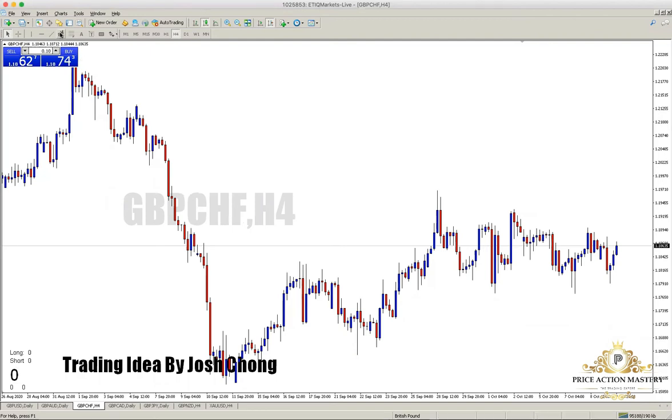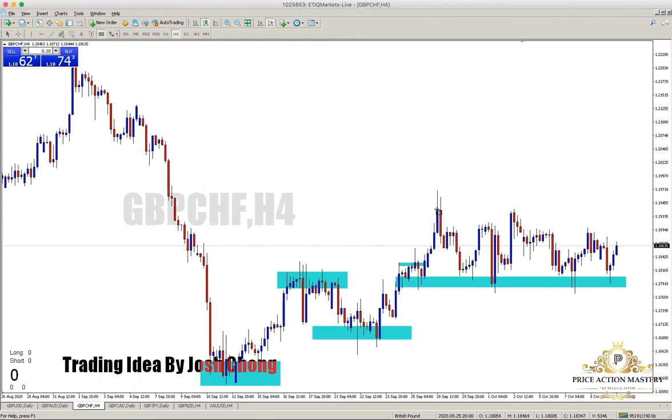For GBP CHF, this is a low, and then a high, and then a higher low. The market then created a higher high, a higher low, and a higher high.